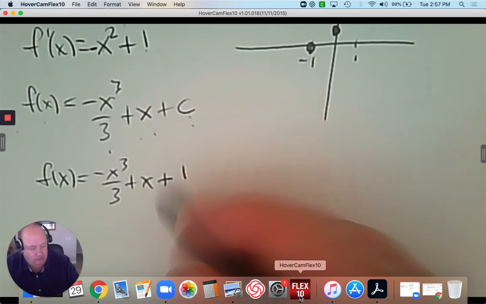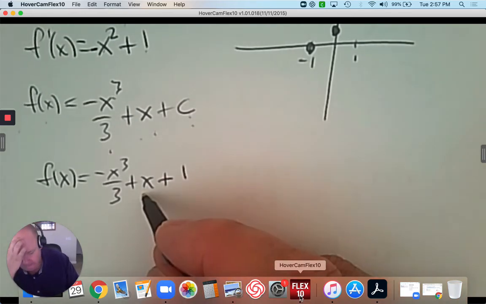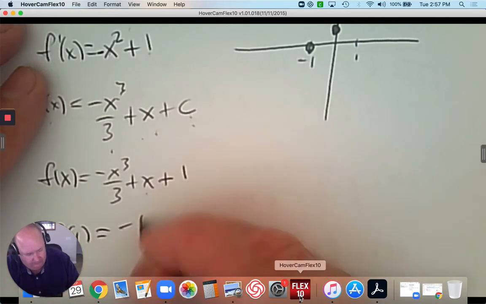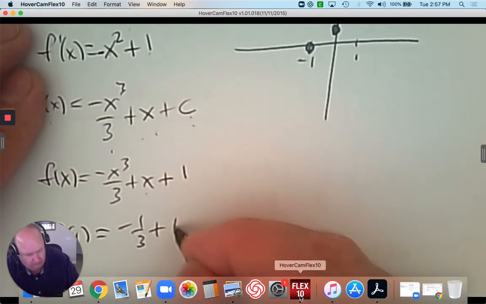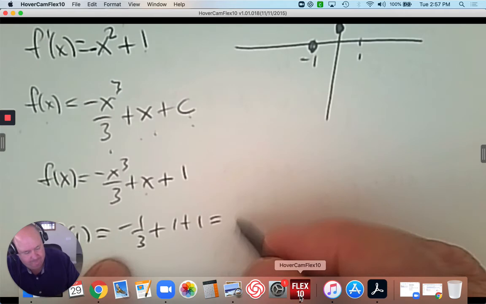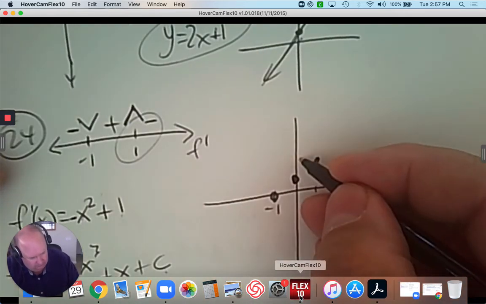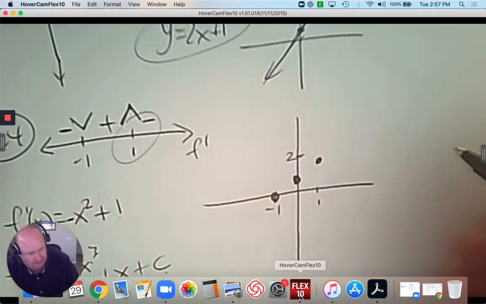So if I use this as a guide, if I use 1, what's f at 1? That's negative 1/3 plus 1 plus 1. That's like 2, a little less than 2. So there's the maximum.